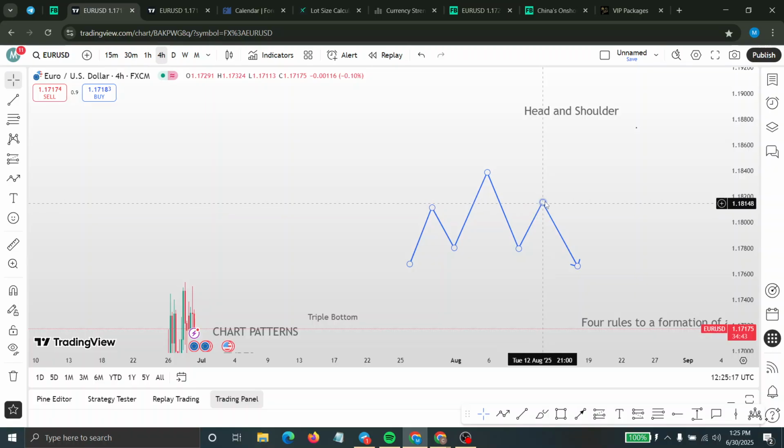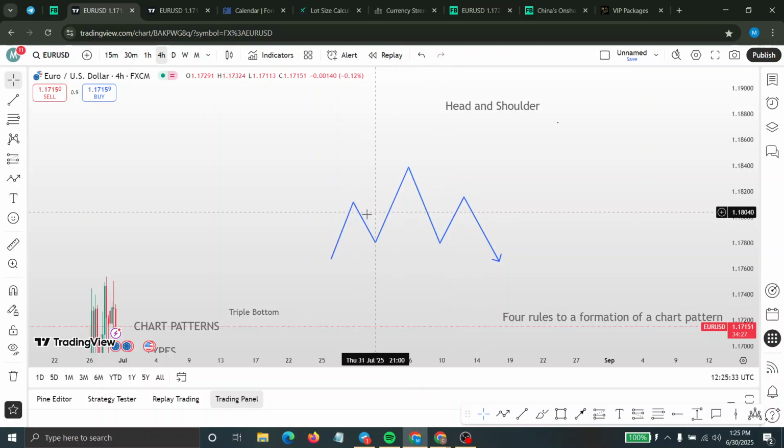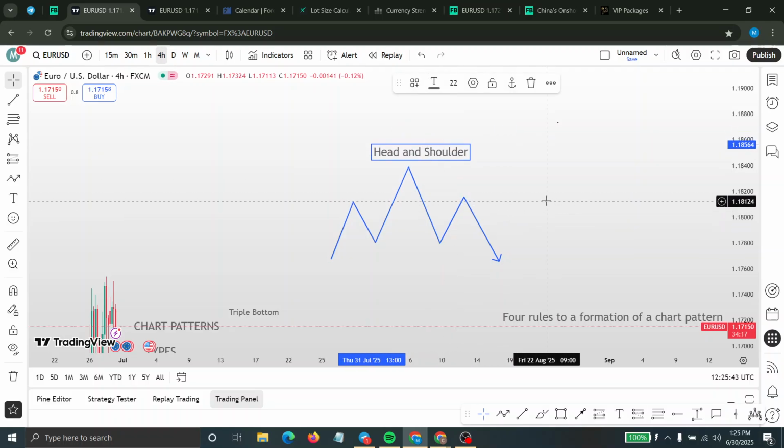This right hand side will be classified as the right shoulder, because if you look at the look of a human being, you could see this is looking like a head and two shoulders. Obviously humans have two shoulders, so the left shoulder will be here and here will be the right shoulder. So you can see how they derive this pattern from the structural movements of what the market is saying.